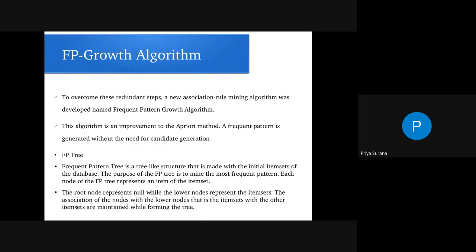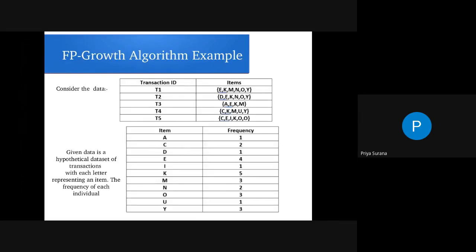So a tree-like structure is going to form, and the root will be represented as null. Okay, so we will check FP growth algorithm with an example. Like the Apriori algorithm we discussed with an example, the same way we will discuss FP growth algorithm with an example so that it will be better for understanding.